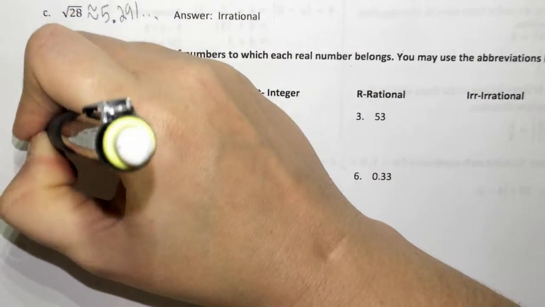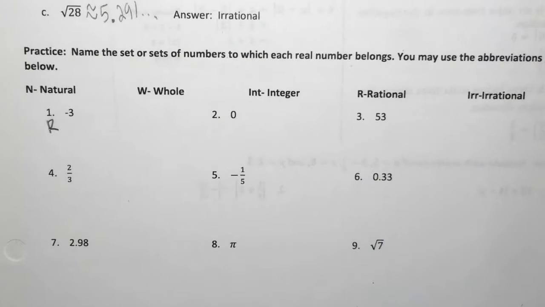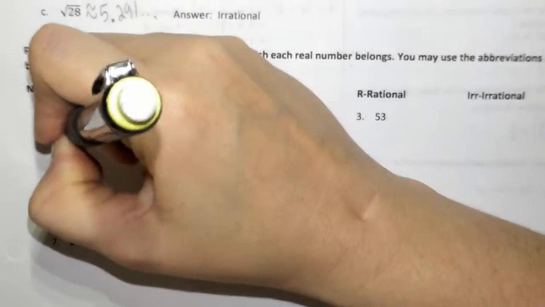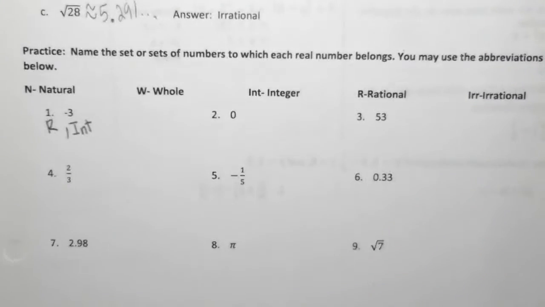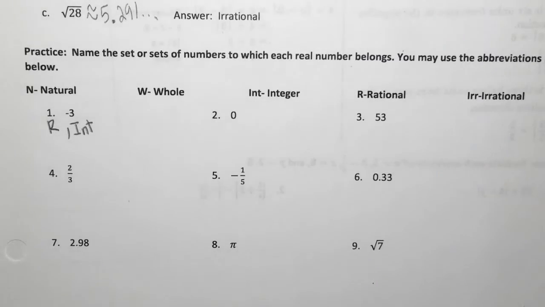Rational, great. Okay, number 2, Sam. Oh, wait, no, we're still on number 1. Tell me another one for number 1. Integer. Perfect. Does number 1 have any other answers? No, because it's negative. Okay, we're done. Number 2, Jenna.